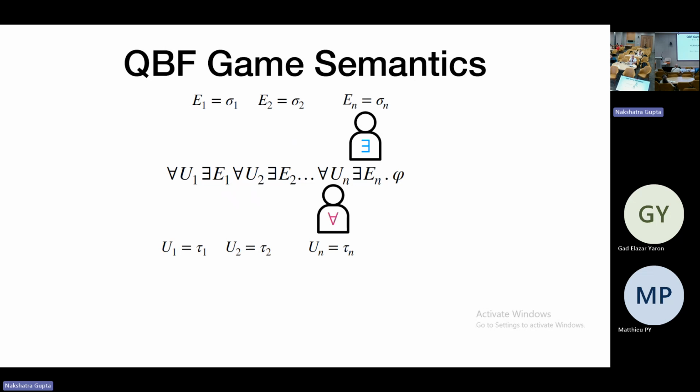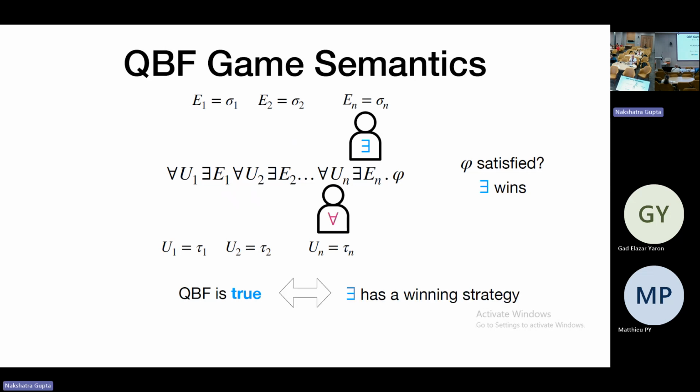We're assuming that the formula is closed. So at this point, we have an assignment for all the variables occurring in the propositional matrix phi, and so it'll evaluate to true or false. If it evaluates to true, then the existential player wins. And if it evaluates to false, the universal player wins. Okay, so this is for an individual play of this game. And then we say that a QBF is true if the existential player has a winning strategy.